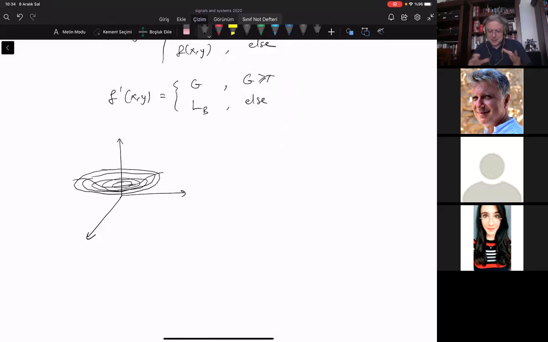Excuse me for the poor graphical illustration. So it's like a plate shape Fourier transform magnitude I'm talking about.